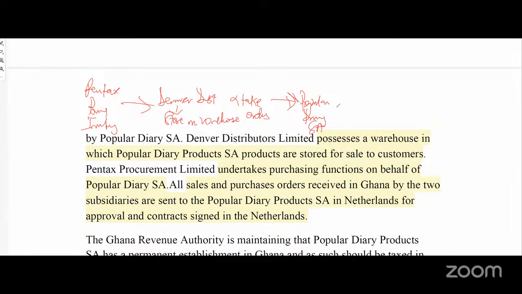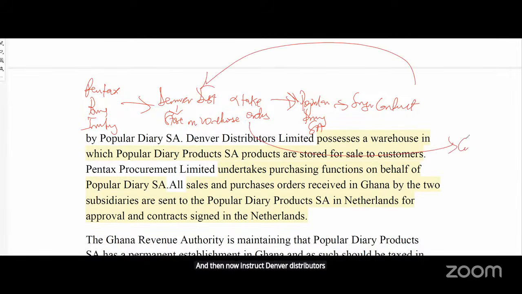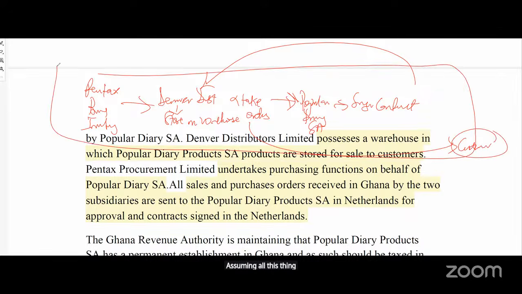Then Popular Diary SA will now sign contracts, and then instruct Denver Distributors to move the goods to the customer. Assuming all this was in one building, it's a full business. But individually, they are preparatory and auxiliary in nature. So they are using that to fool the tax authorities.